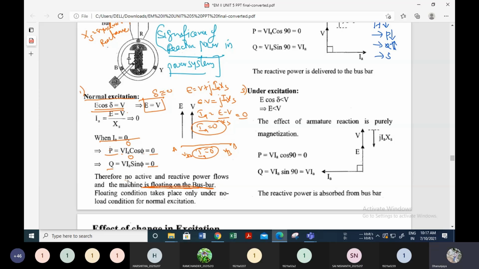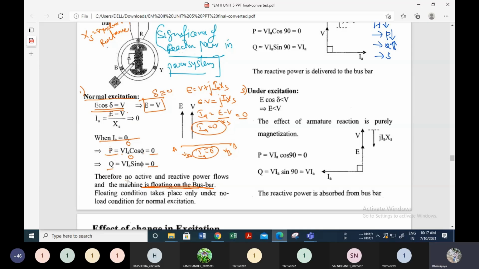And the second one is overexcitation. In the overexcitation, we can see E cos delta is greater than V, and obviously the generated voltage is greater than terminal voltage. All these conditions we already discussed, what is overexcitation.